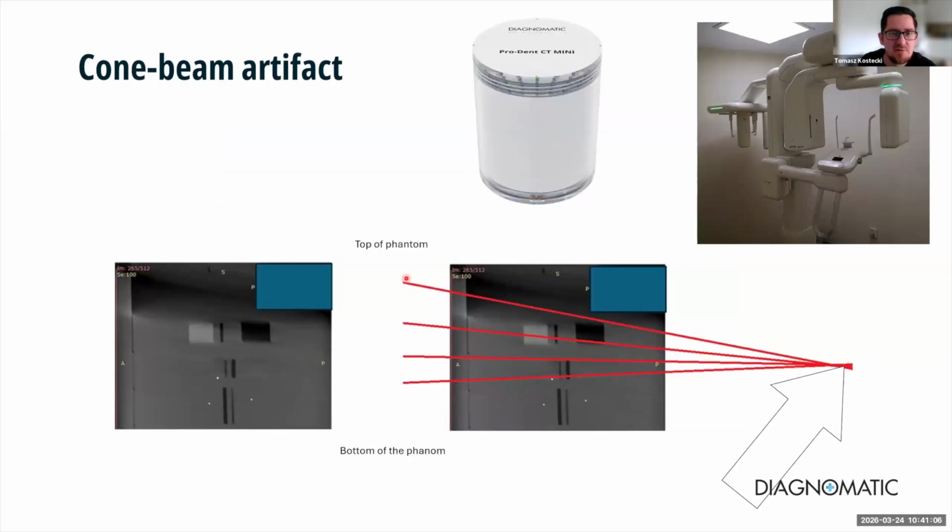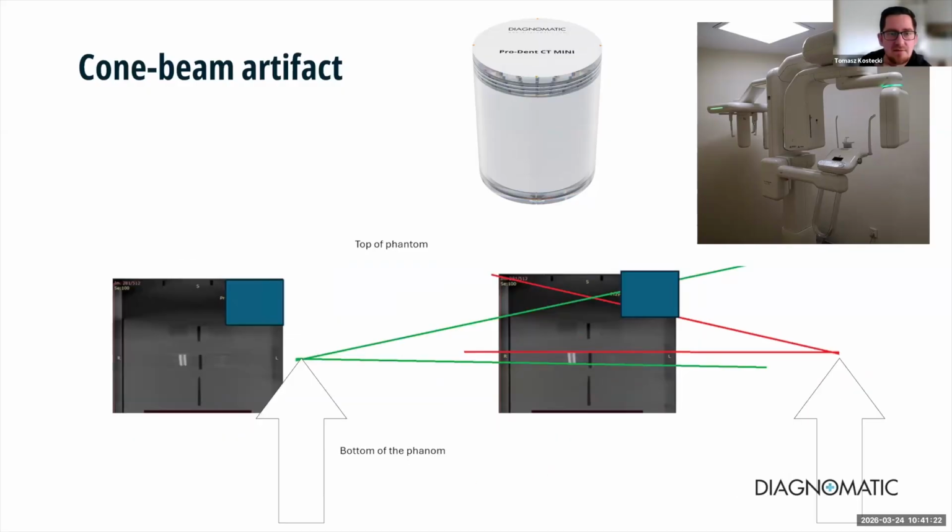If you draw a couple of lines according to the stripes of the artifact, we can find the probable location of the X-ray tube. And here is a view from the coronal side.